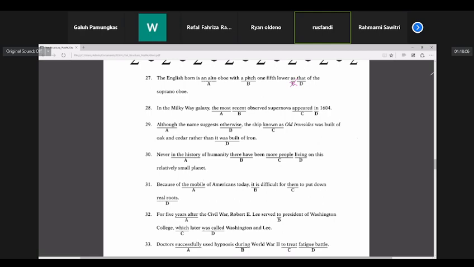It's B, Miss. In the Milky Way galaxy, the most recent observed supernova appeared in 1604. The mostly recent observed supernova. The most recent observed supernova appeared in 1604.